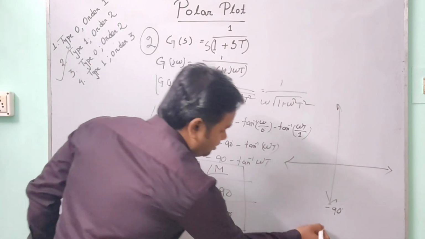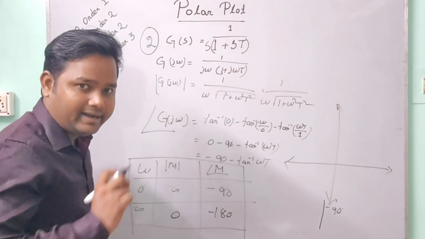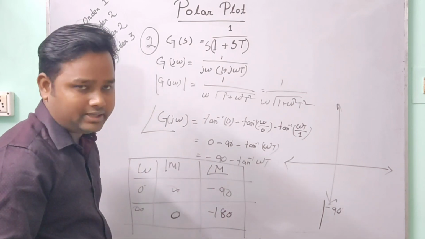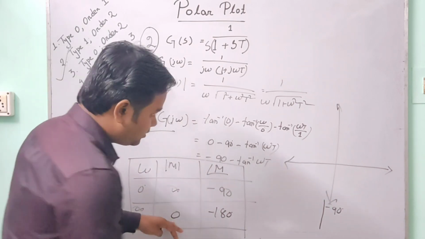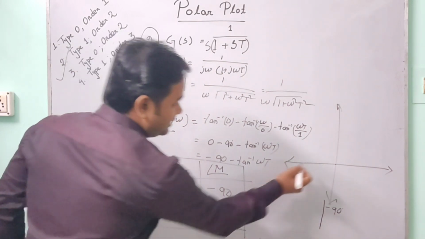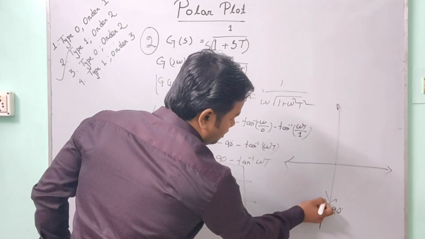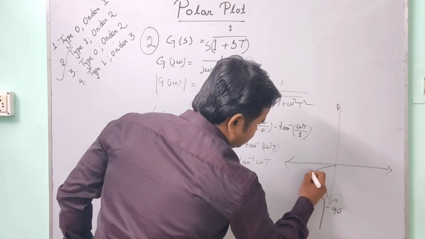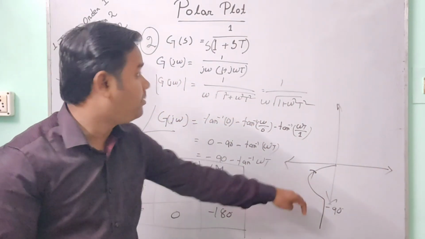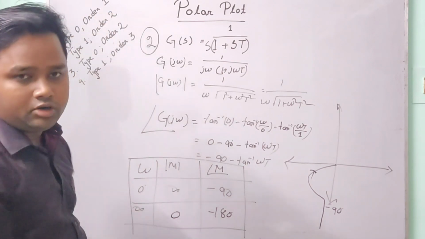So the start will be from infinity, and the ending point will be at magnitude 0 and angle minus 180 degrees. That means at 0 this point, and the angle is minus 180 degrees at this one. So the graph will be like this. This is the polar plot for a type 1 order 2 system.